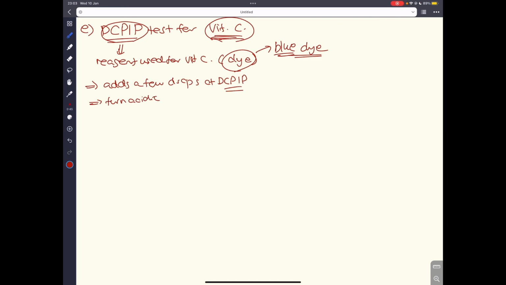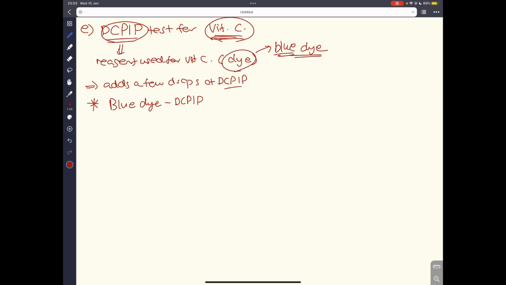It will turn pink in acidic conditions. Now you don't really have to know why it will turn pink in acidic condition, but it's good to know. The main point here is that it is a blue dye, DCPIP.